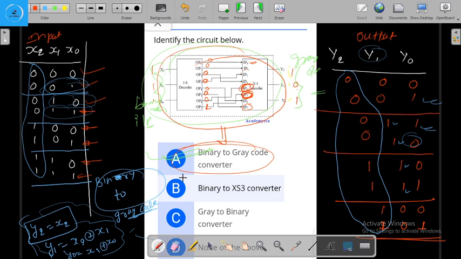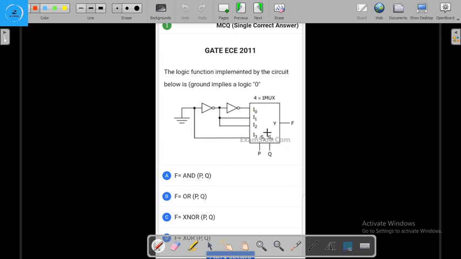Now let's move to our third question. This is again a 4 to 1 mux question, and it is asking for the logic function implemented by the circuit below. What will be F? Here it's 0, here it's 1, and again here 0.